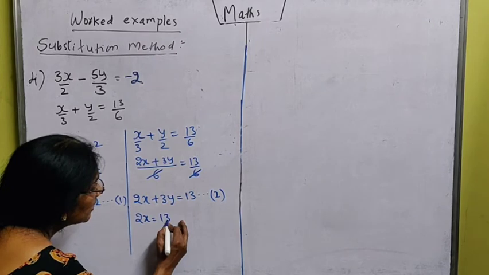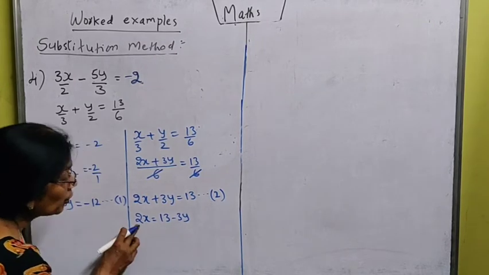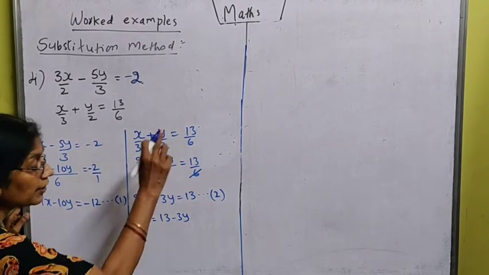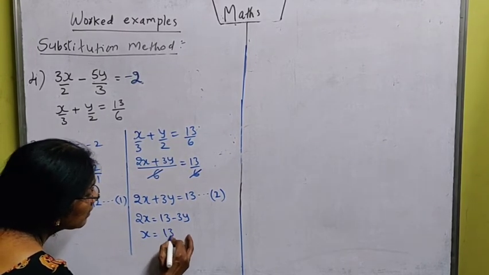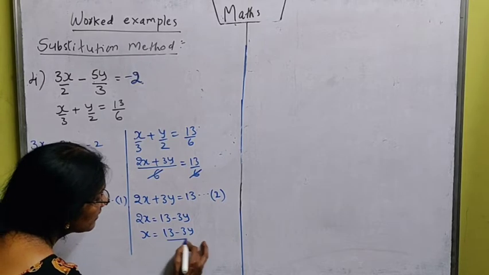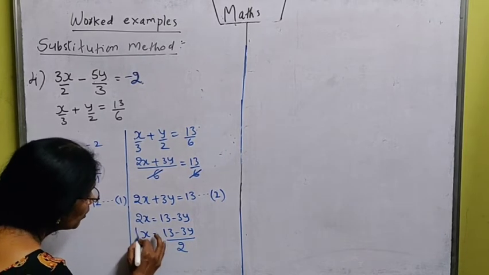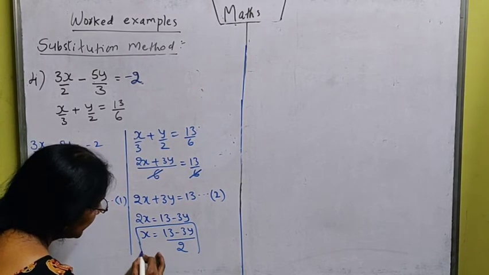The 2 I also don't need, so I will take it to the other side, below the denominator. x = (13 − 3y)/2. So I got this as the x.